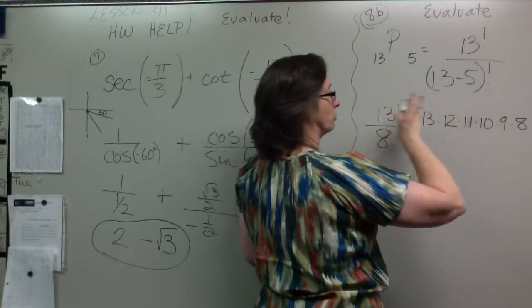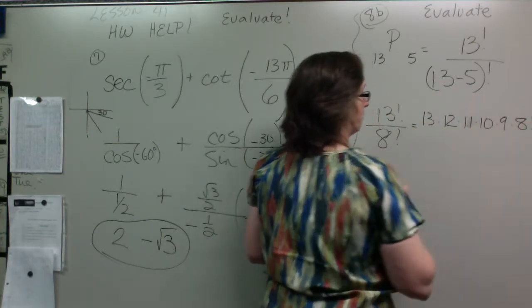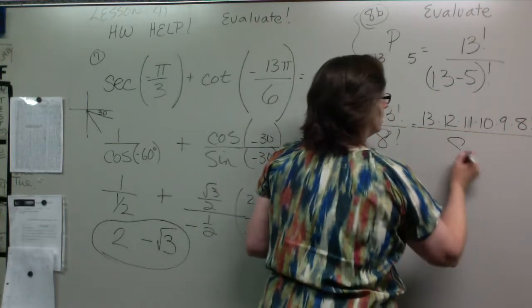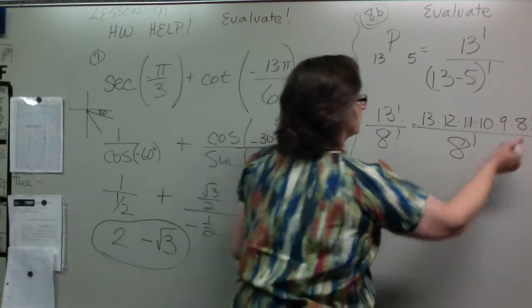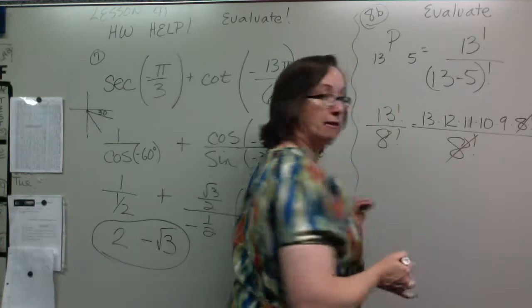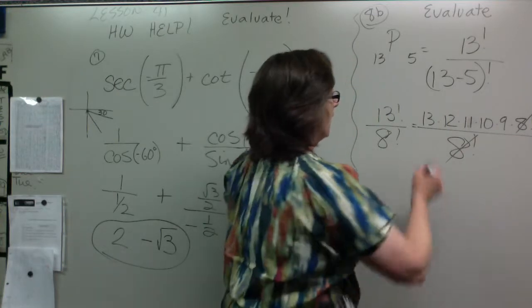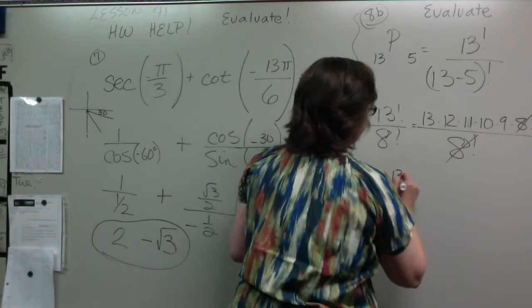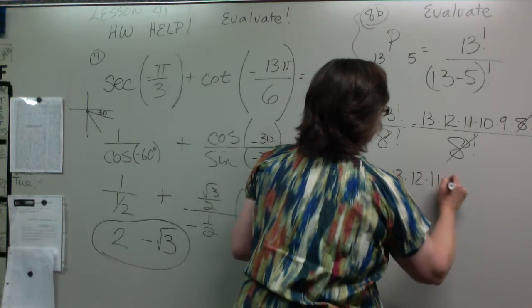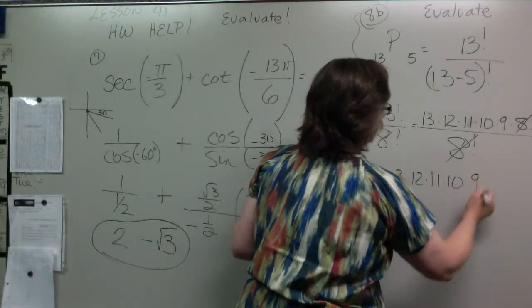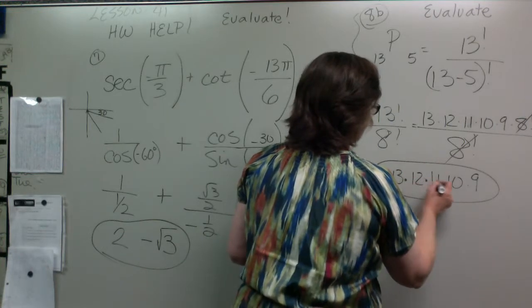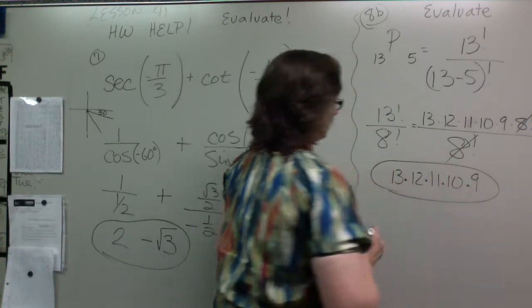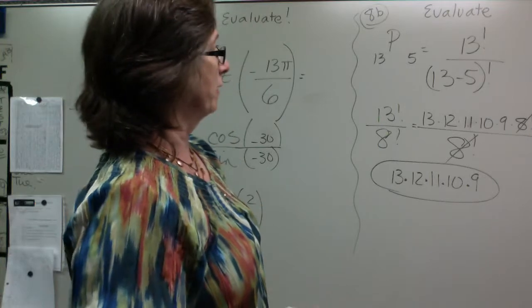But instead of having to click all that down, let's just say 8 factorial, and on the bottom, we're dividing by 8 factorial. And so we will cancel our 8 factorial off of there, and we wind up with whatever 13 times 12 times 11 times 10 times 9 equals. So that, when you multiply that out, should give us the answer, and y'all can click that out on your calculator and figure out what that is.